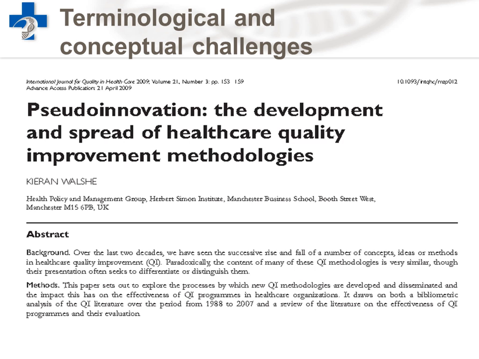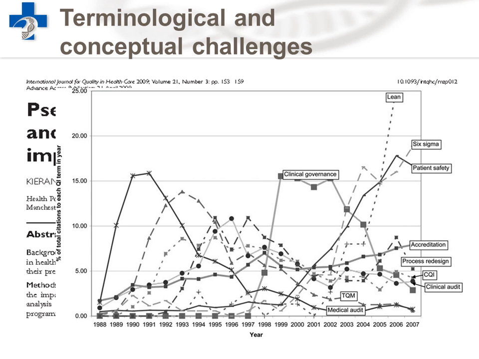One of the other challenges is, particularly in this area, that we seem to love creating new terms and new sort of calling or developing innovations and giving them new names. So this was, again, I think I've shown you this, a nice paper by Kieran Walsh, who just looked at how the language in quality improvement had been evolved over a 20-odd year period.